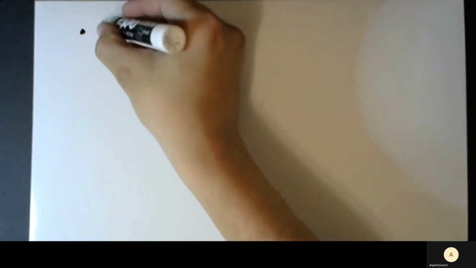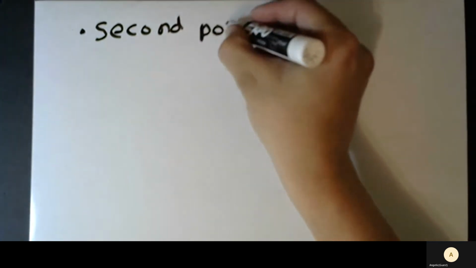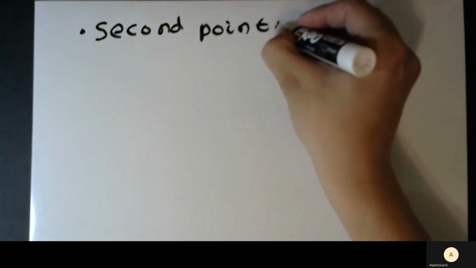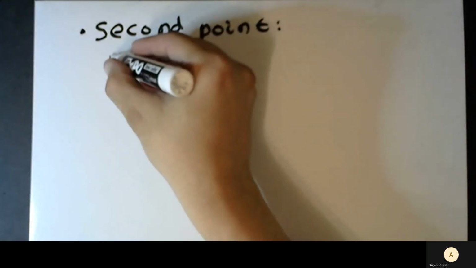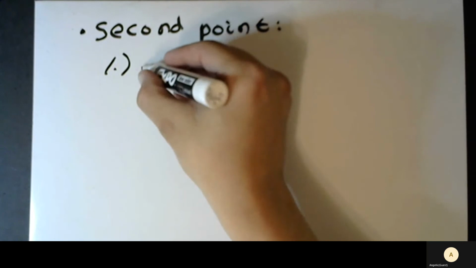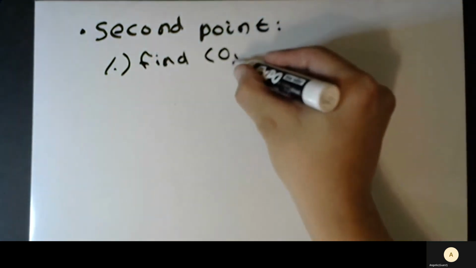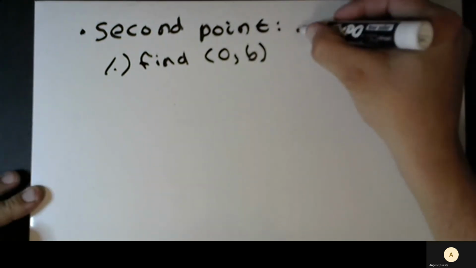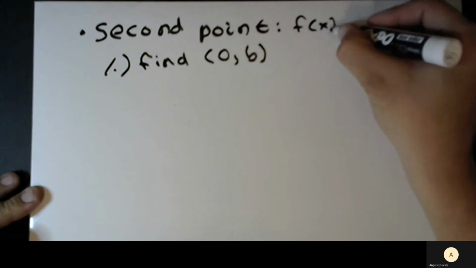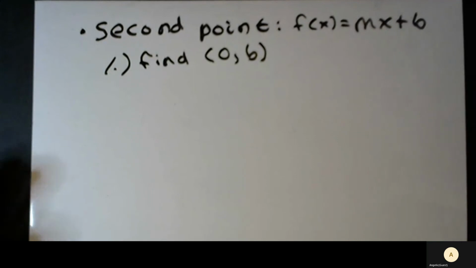The second point: we take our y-intercept, we find 0, comma b. And here, I'll put this back up here. So we're working with f of x equals mx plus b.